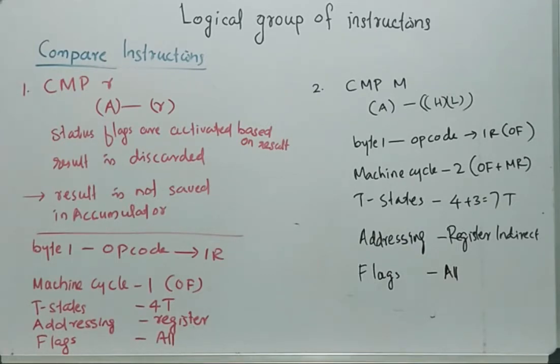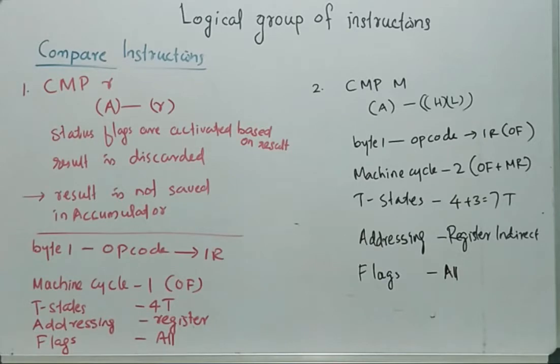Instead, it is used only for activating the status flags based on the results. That is, status flags may be set or reset based on the result of this operation. The result is not saved in the accumulator. That is the difference between the compare instruction and the subtraction instruction.